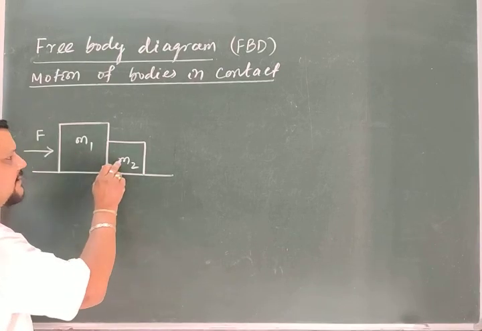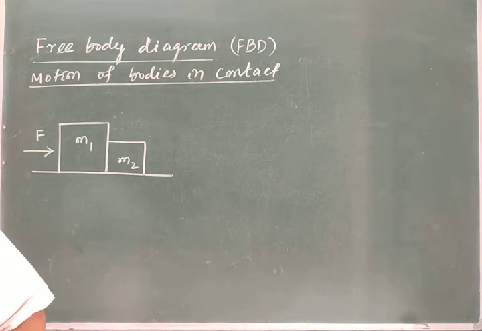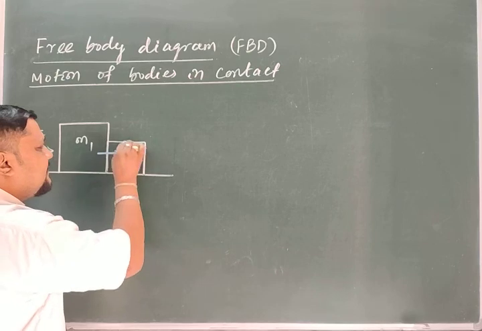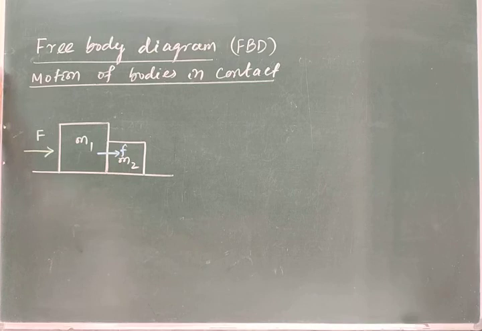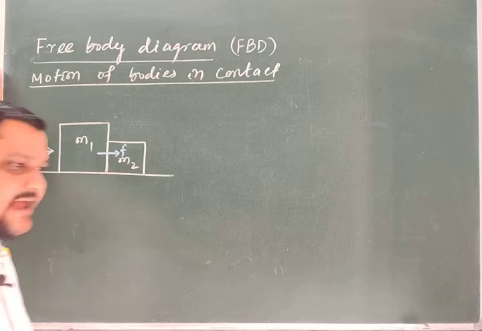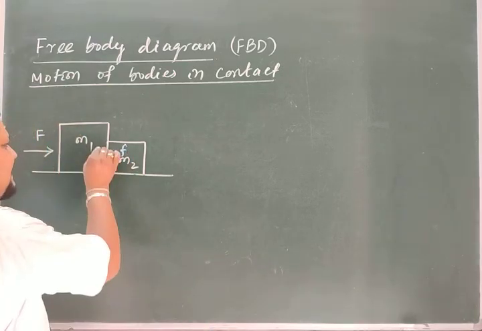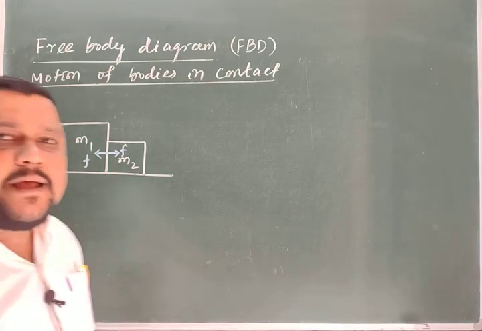So m1 will apply a force on m2, let that force be small f, that is the force on mass m2. Let this be the action. Then according to Newton's third law, to every action there is an equal and opposite reaction. So because of this small f, m2 applies a reaction f, equal and opposite.